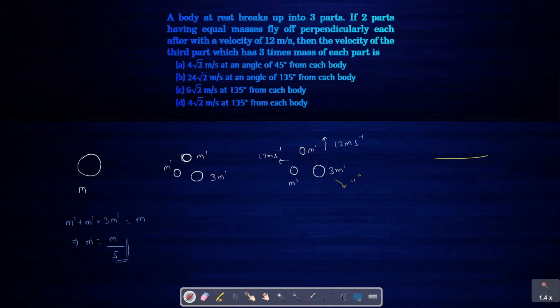Let this be the coordinate. This is 12 meter per second. This is 12 meter per second.